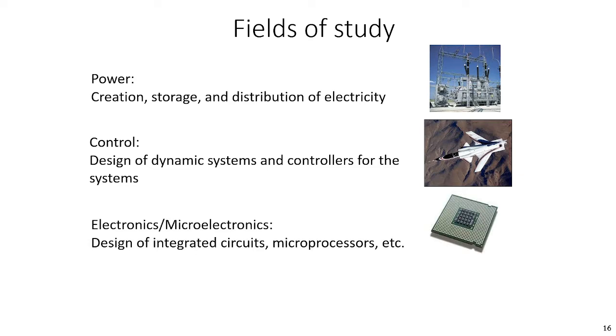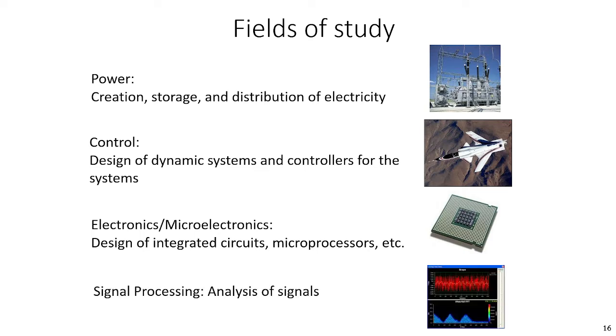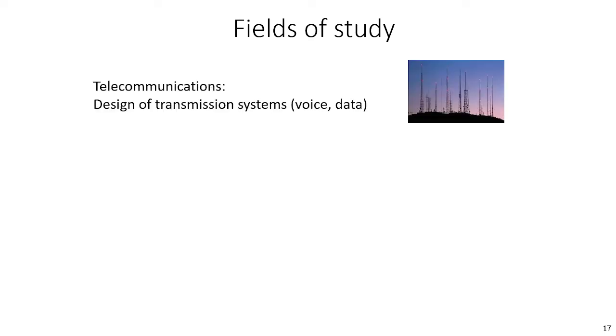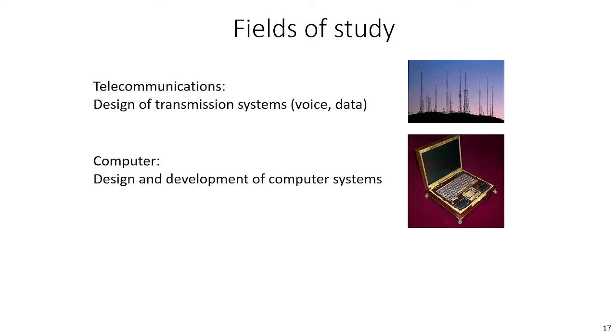Electronic engineer or microelectronic engineer designs and develops the integrated circuit and microprocessor, for example. Signal processing analyzes the signal. Also telecommunication engineer designs and transmits the system: voice, data, or any information, an image for example.